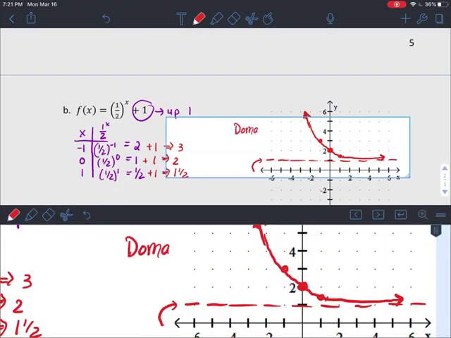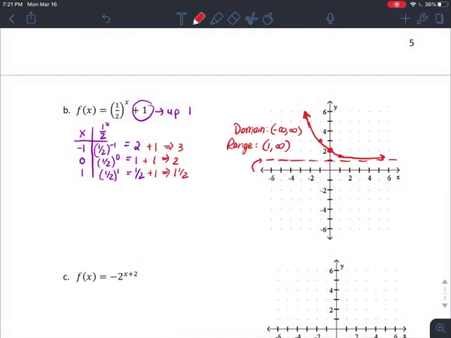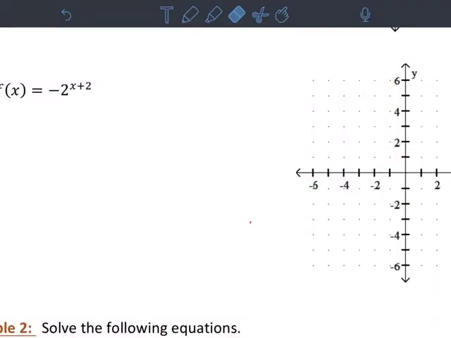Your domain's still -infinity to infinity. It will be for all of your exponential functions. The range, since it is translated up 1, your y values are going to start a little bit bigger than 1 and go towards positive infinity. Why don't you guys snag some scratch paper, try this one, and then we'll come back and check in a minute.